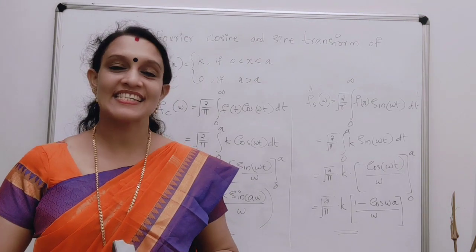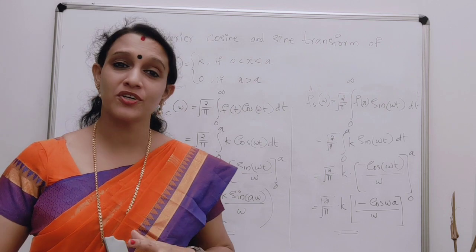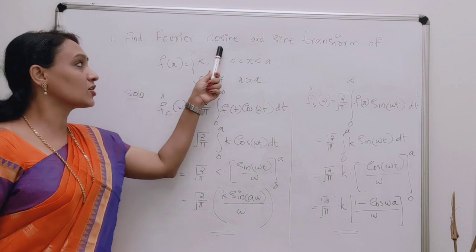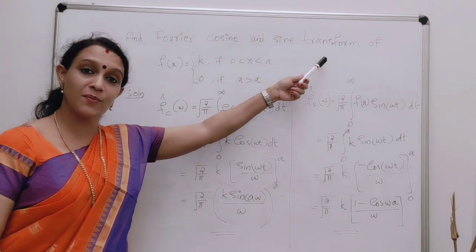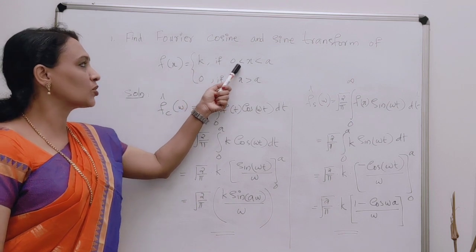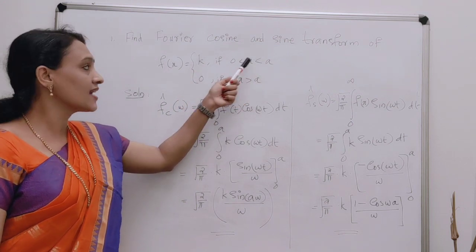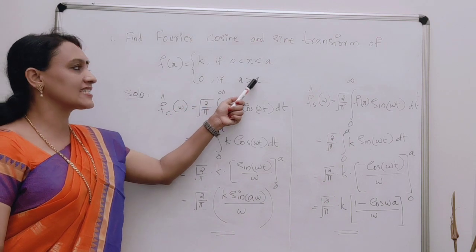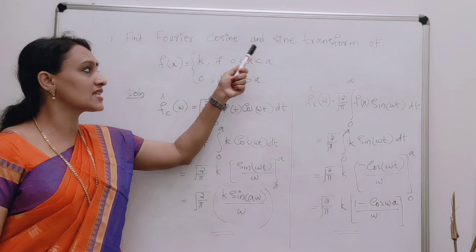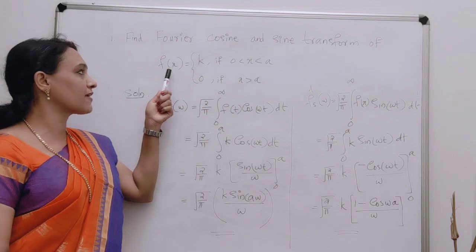Now let us check the first question, which is very important and very easy to solve. Find the Fourier cosine and sine transform of f of x equal to k if 0 less than x less than a and 0 if x greater than a. You are asked to find both the Fourier cosine and sine transform of this function f of x.